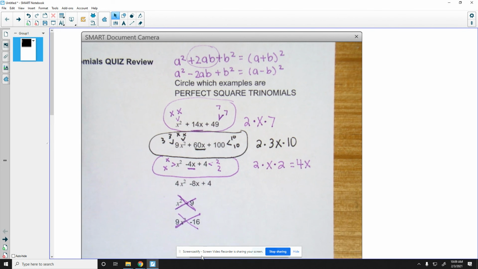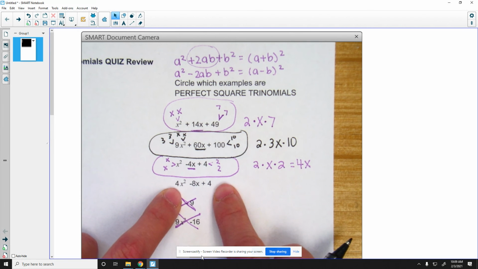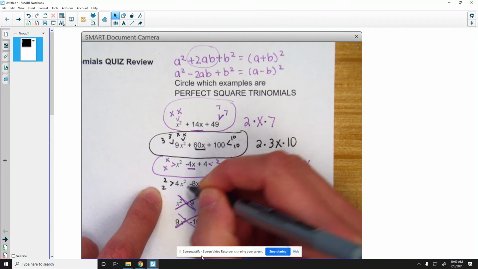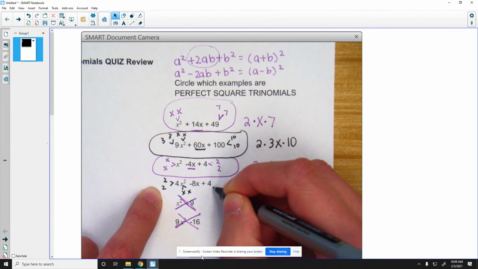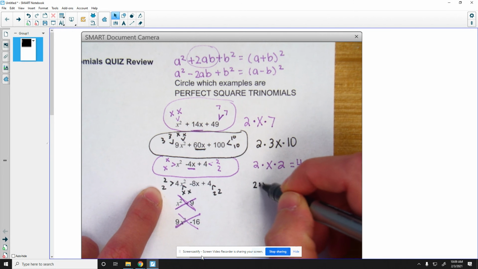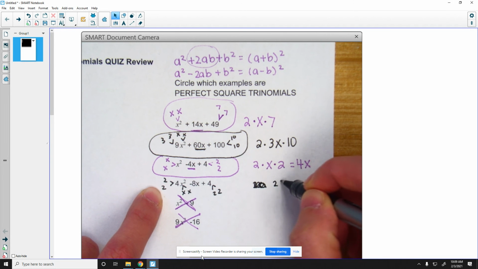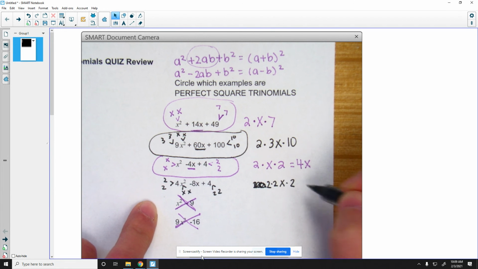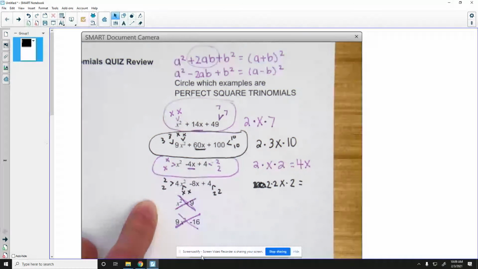Okay, so let's do this last one then. You try it yourself. See if 2AB would equal that middle thing. So what do we think?